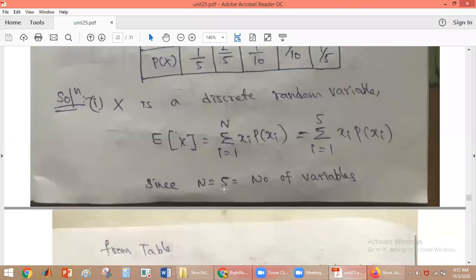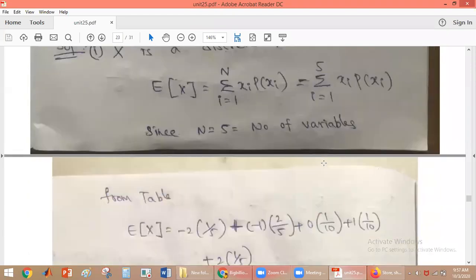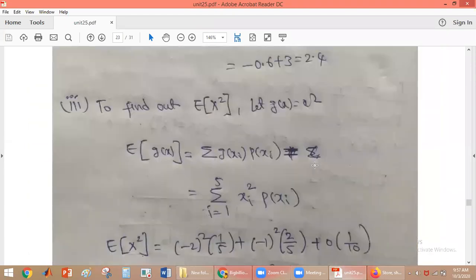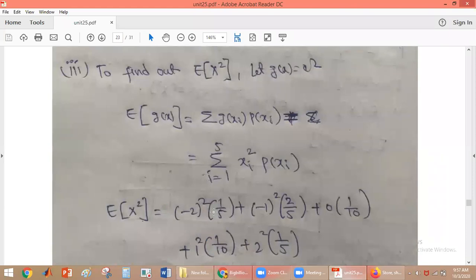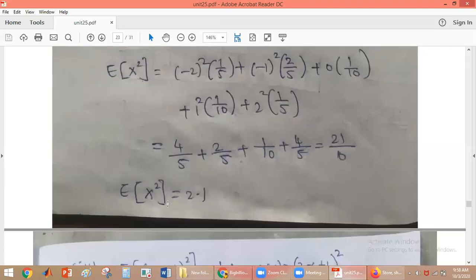See here, students, see this table. -2 square into 1 by 5, plus -1 square into 2 by 5, plus 0 into 1 by 10, plus 1 square into 1 by 10, plus 2 square into 1 by 5. If you find the values, the expected value of x square is equal to 2.1.